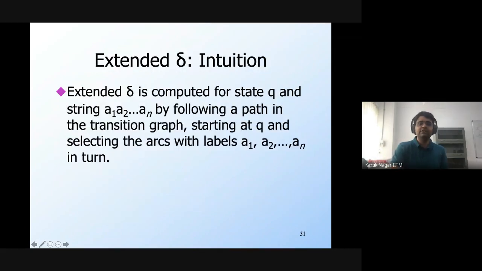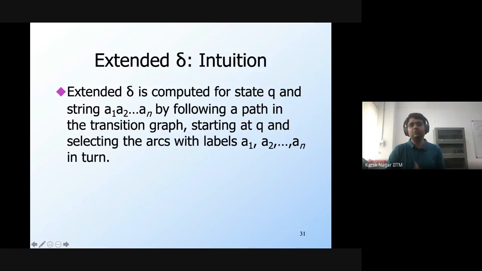As I said, this is the intuition behind this extended delta. This extended delta is computed for a state Q and some string, let's say A1, A2 up to AN, by essentially following a path in the transition graph. You start from Q and then you process each of these symbols A1, A2 up to AN in that order, by following the transition function, which in this case means following the edges, or the arcs, of the graph with the labels A1, A2 up to AN.